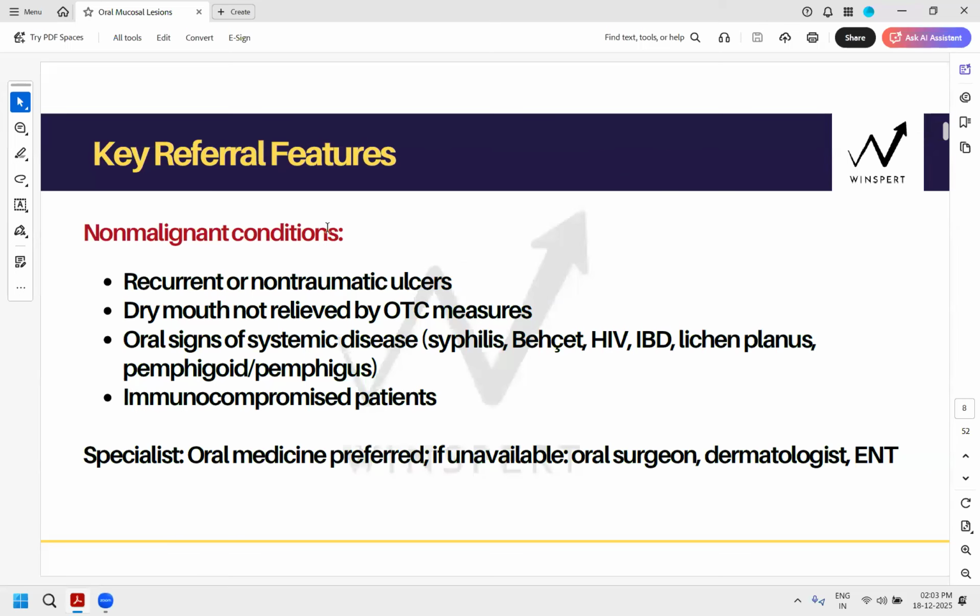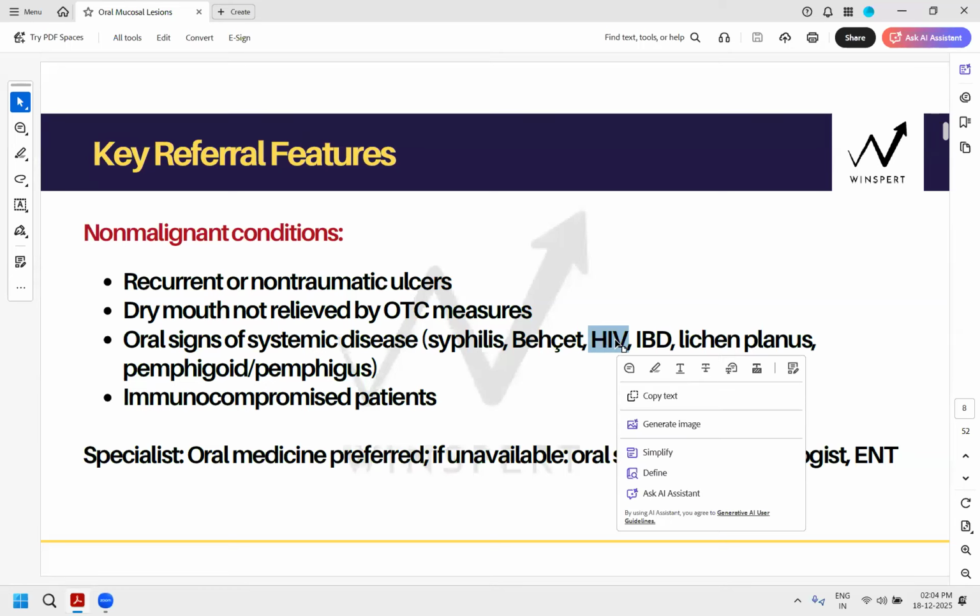Then take the non-malignant conditions, right? So immune compromised patients. So oropharyngeal candidiasis, let me go back to that condition. Oropharyngeal candidiasis is indicating HIV. So it comes as an oral sign of systemic disease. Yes or no? Tell me.